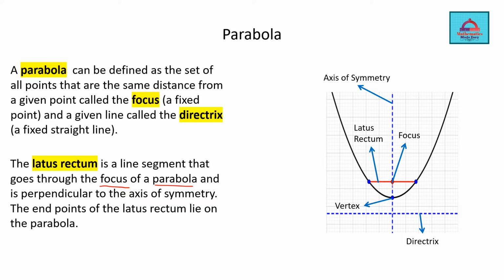As you can see, this is the focus, so the latus rectum is passing through that point, and it is perpendicular, so at a right angle to the axis of symmetry. So if this is your axis of symmetry, your latus rectum is perpendicular to that, so this angle is 90°, and definitely, as you see, the endpoints of the latus rectum lie on the parabola, which is this point and this point, the blue dots.